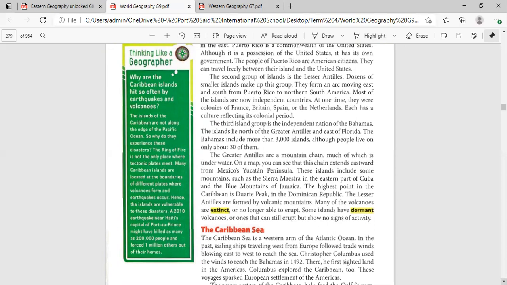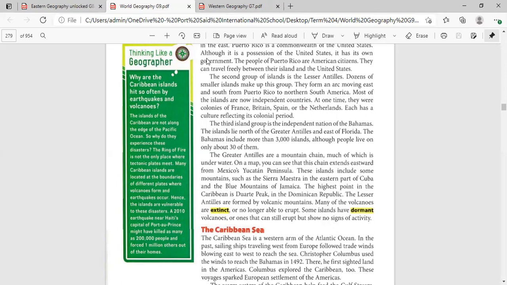The highest point in the Caribbean is Duarte Peak in the Dominican Republic. The Lesser Antilles are formed by volcanic mountains. Many of the volcanoes are extinct or no longer able to erupt. Some islands have dormant volcanoes, or ones that can still erupt but show no signs of activity.